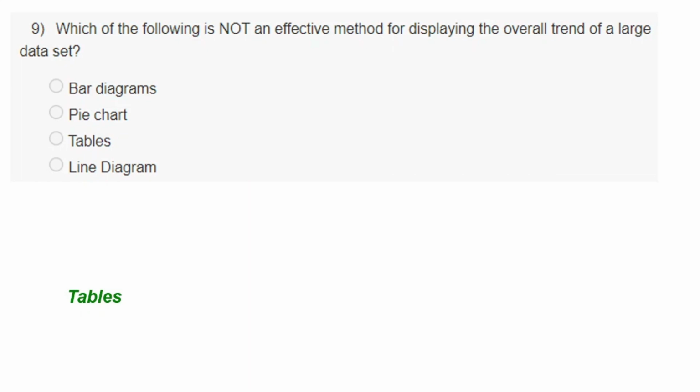Tables, we are writing stuff, you're adding some values. That's not exactly a very effective visual method for displaying the overall trend. If you are showing bar diagrams, any kind of charts, diagrams, plots, those are better ways of effectively showing any kind of data.